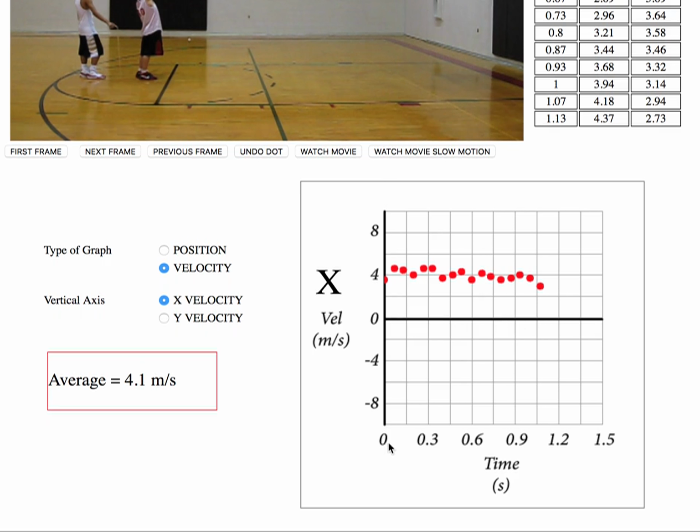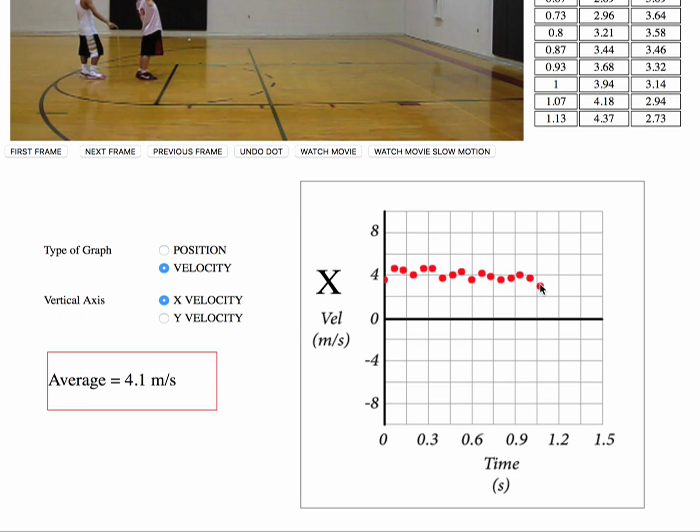Once again, you do not have to record all of the data numbers on the axis, but I do expect you to sketch the basic shape. Notice all of these dots are clustered around the value of 4. Some of them are a little bit more than 4, and some are a little bit less than 4, but they all cluster near that value.